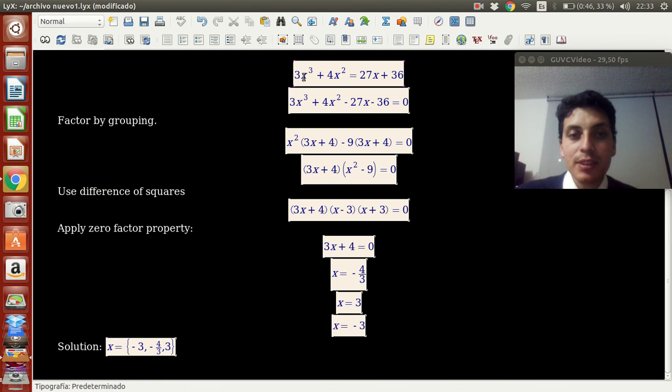For example, if it's negative 3, this side is negative 81 and this is negative 81, and this is 36 and this is 36. If it's positive 3, this is 81, this is 81, this is 36, and here we have 36. And you can check with negative 4/3. That is the correct answer.